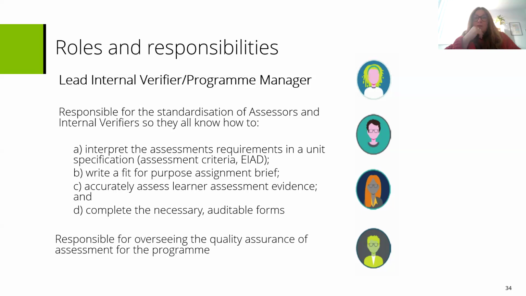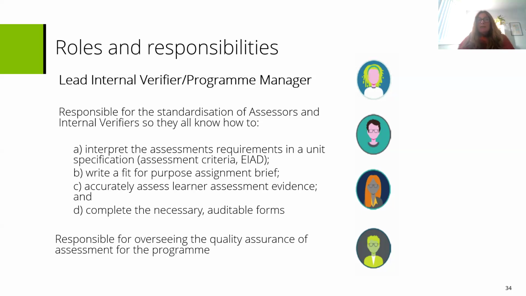You might have a lead internal verifier, a programme leader, a head of a course. And they may hold an overview of the internal verification process and produce a plan, mapping all units and all students and all assignments across the academic year as part of their quality assurance calendar.